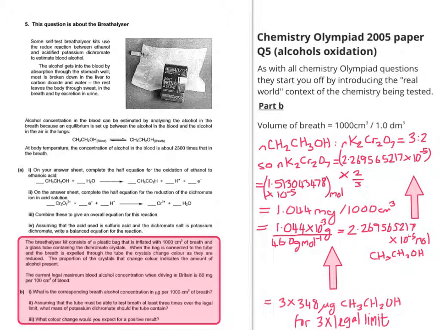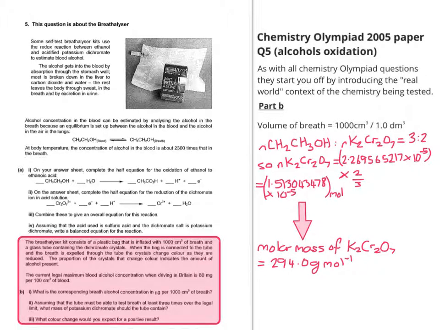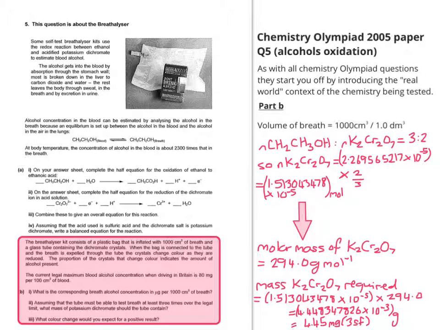So that gives us 1.51304347 times 10 to the minus 5 moles. Now bearing in mind that the molar mass of potassium dichromate(VI) is 294.0 grams per mole, we can work out that it's 4.45 milligrams to 3 significant figures of K2Cr2O7 that's actually needed.